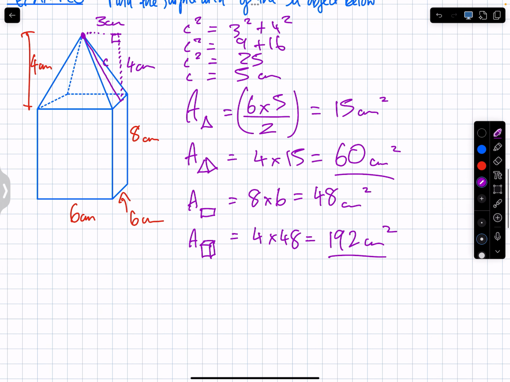There is one more shape that I need to add onto here. What was it? Someone said it. It's like a rectangle where the sides are all the same. So the area of the square at the bottom, indicated that it's a square with the dashes, 6 by 6 is 36 square centimeters. Why do you reckon I've underlined those 3 numbers? Because that's what I'm going to add together at the end. What do we say at the top?